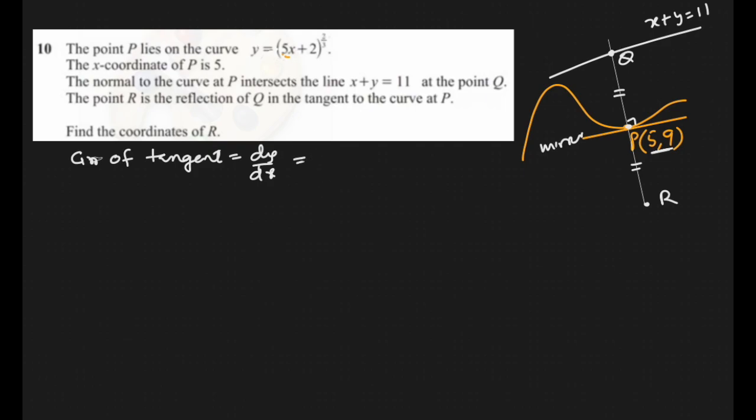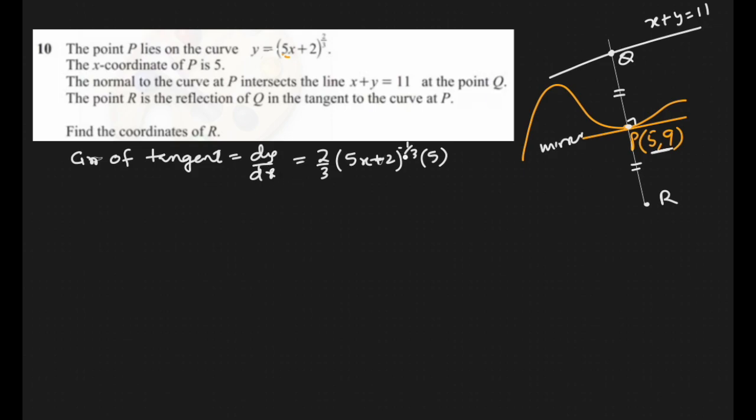So 2 over 3 will come in front because it's a linear inside. 5x plus 2 remains what it is, but the exponent goes down by 1. 2/3 minus 1 will be minus 1/3. And further we have to multiply by the differentiation of what is inside, chain rule. What is the differentiation of 5x plus 2? 5.